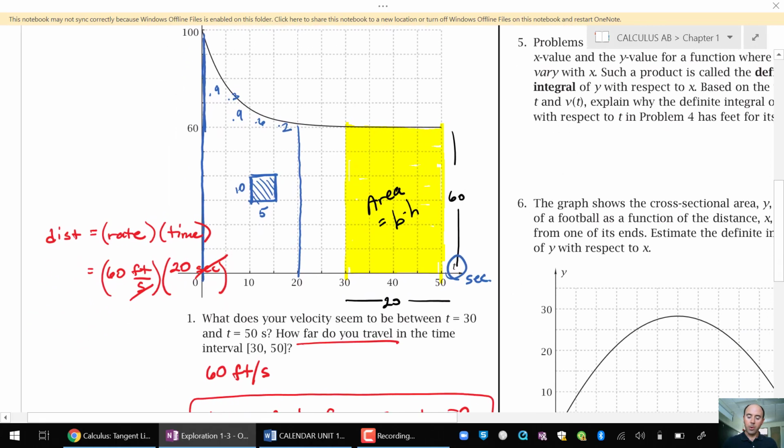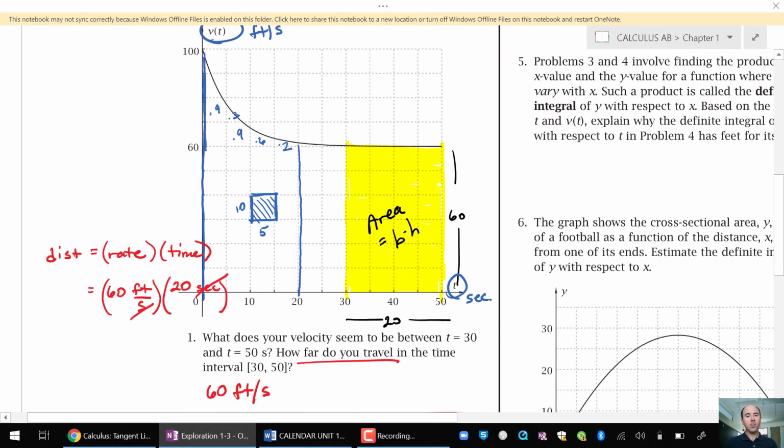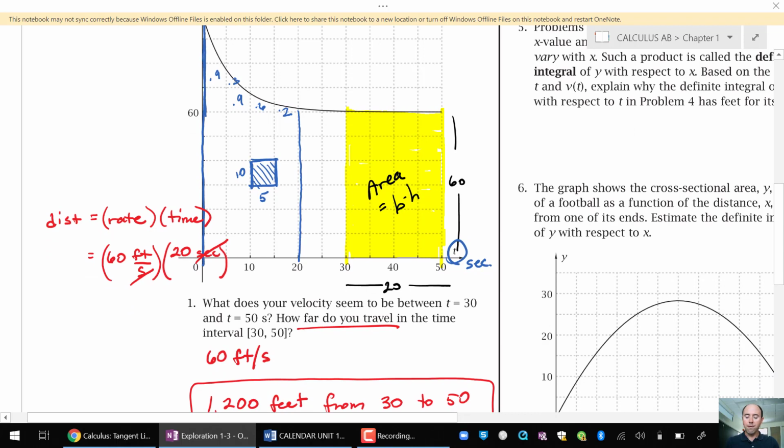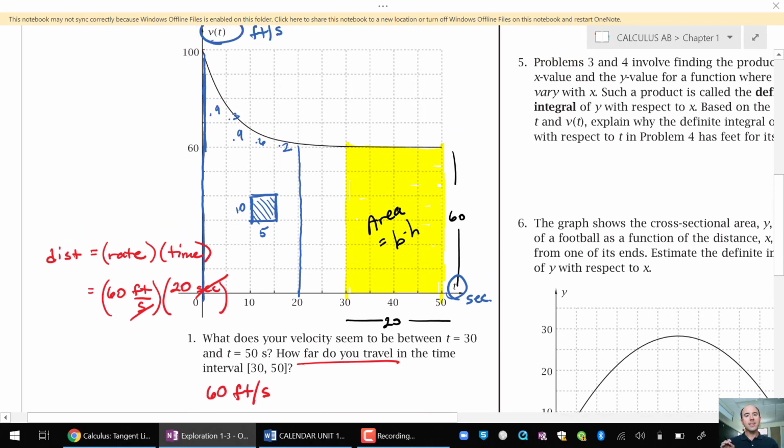Now, the first thing I want to do here is answer the question, what is the velocity between time 30 and time 50 seconds? If you notice, that's really level at about 60 feet per second. But then the question about distance arises here. How far do you travel in the time interval from 30 to 50 seconds?